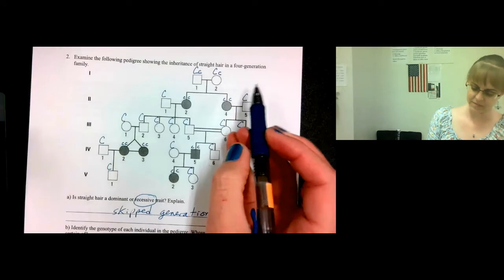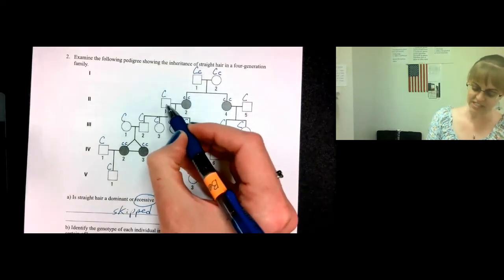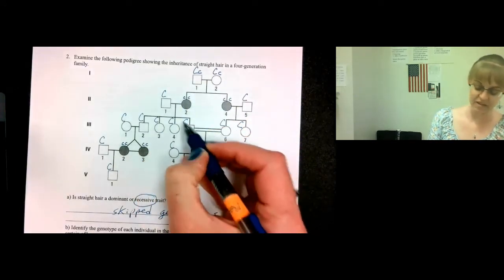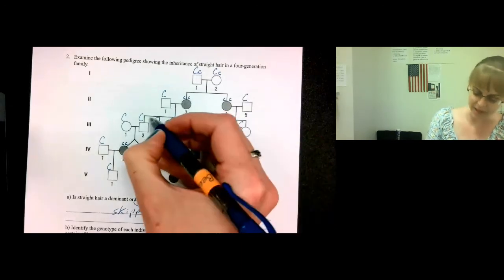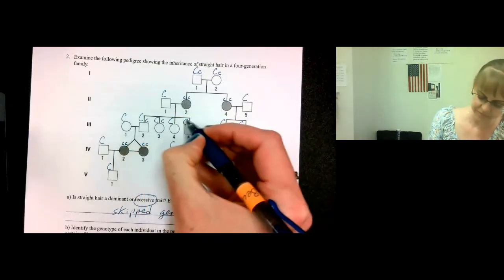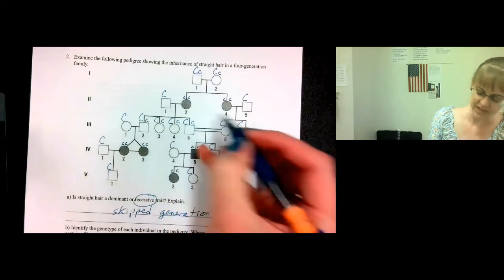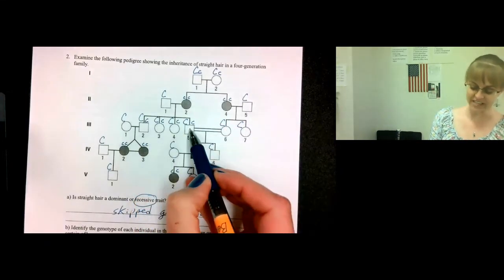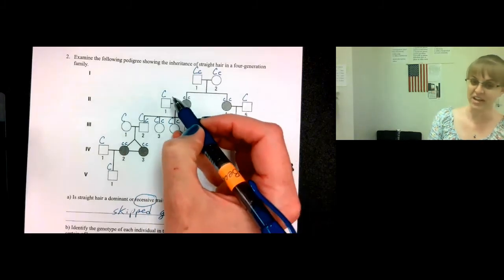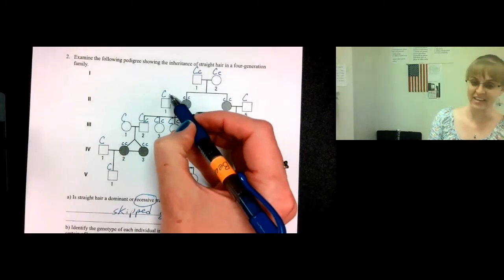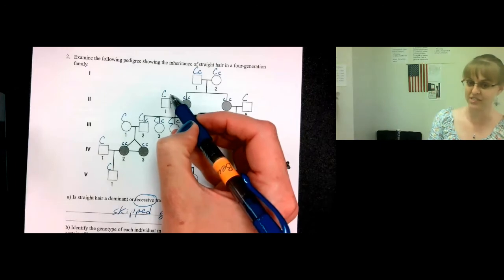These children received a capital C from their dad. They had to receive a lowercase c from the mom. Now, with 4 kids and all 4 of them getting a capital C, we have a very high chance that their dad has 2 capital C's.